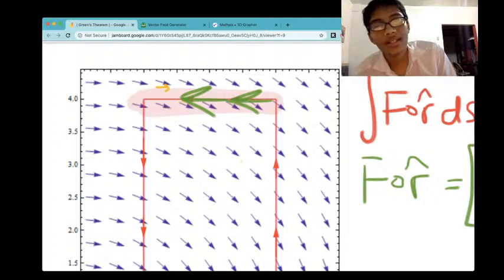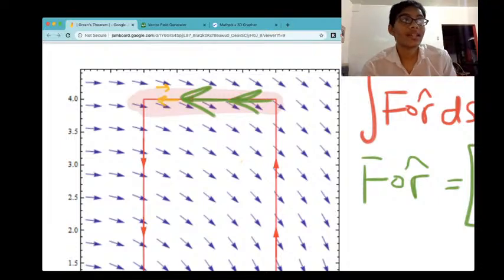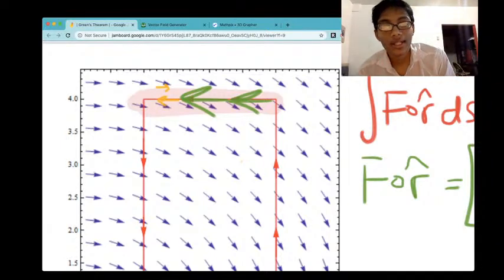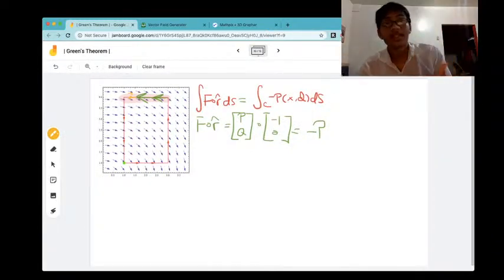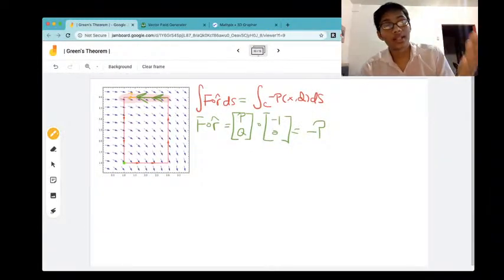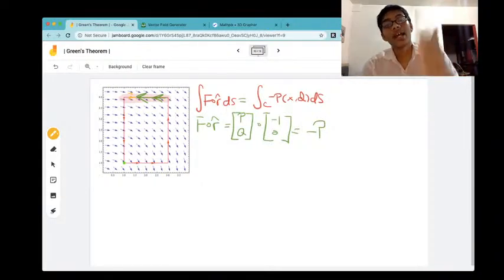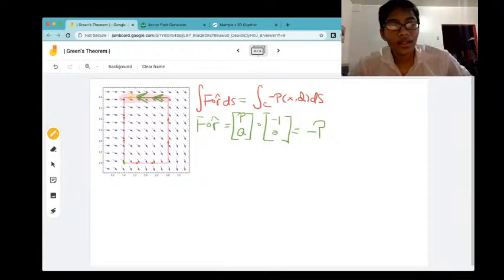So obviously this vector field is impeding the motion of our particle. It's slowing it down. Kinetic energy is decreasing. Thus work must be negative. Thus our line integral must be negative. See that path of reasoning, that logic? That's what's really happening right now.